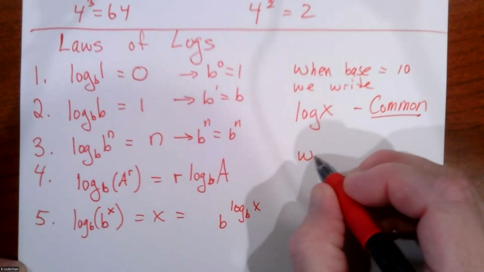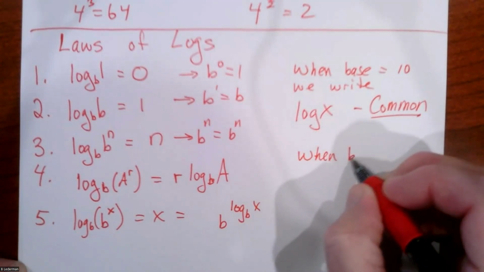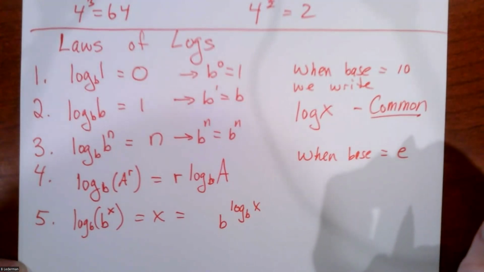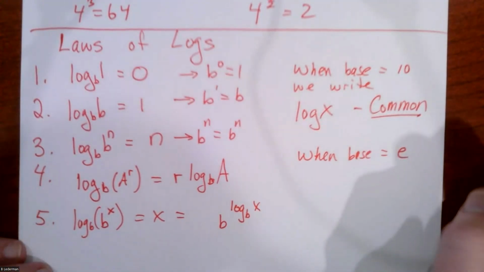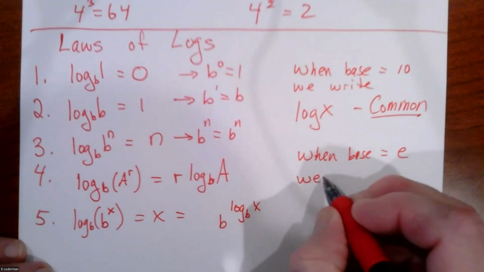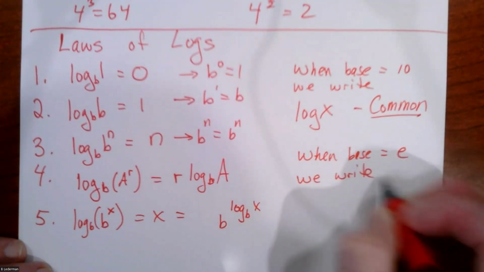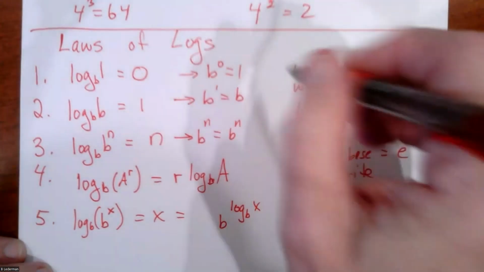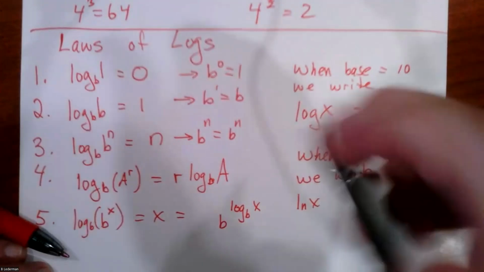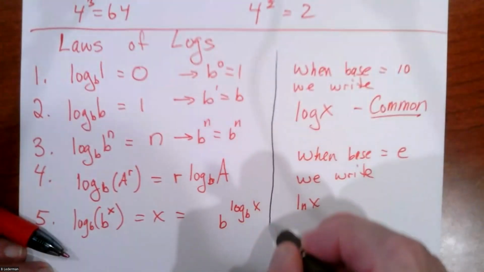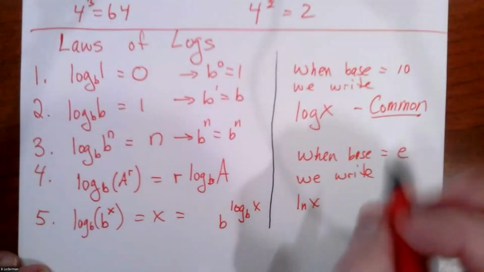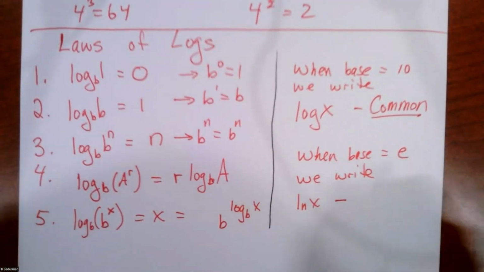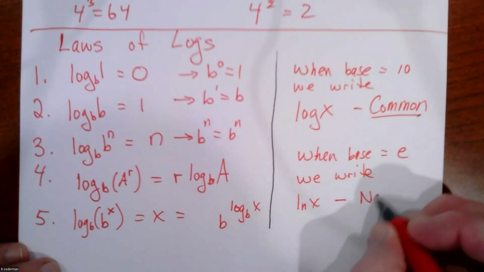And when the base equals e, and remember e was 2.718, we write ln x. As we'll see in calculus, this is actually a more natural way of writing it, so this is called the natural logarithm.